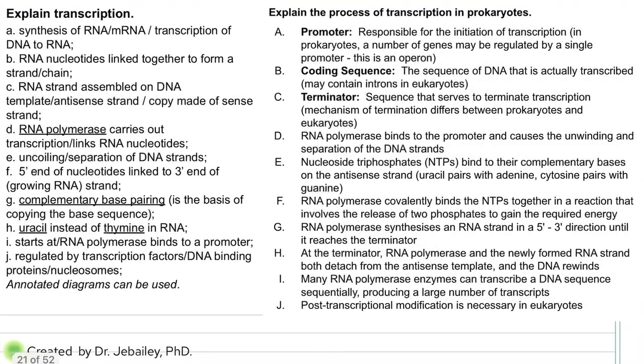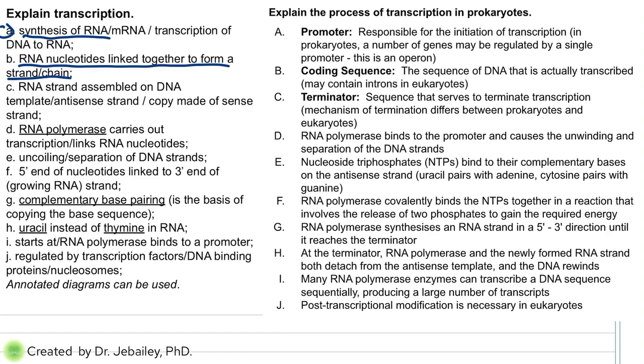Now let's see here. We have the two mark schemes, and we're going to see what they have in common and what they have in difference. Looking at the left side, it says synthesis of mRNA. Do we have anything saying about synthesis of mRNA here? No, it does not mention that. The next thing it says, RNA nucleotides linked together to form a strand.